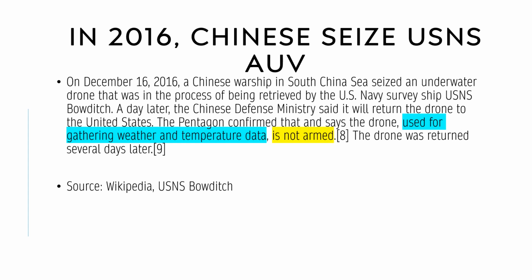So the U.S. diplomats said, well, this autonomous underwater vehicle is really just gathering weather and temperature data, and it's mapping the floor of the South China Sea. Well, a Chinese warship interposed itself between the Bowditch and the autonomous underwater vehicle and stole it, literally stole it.